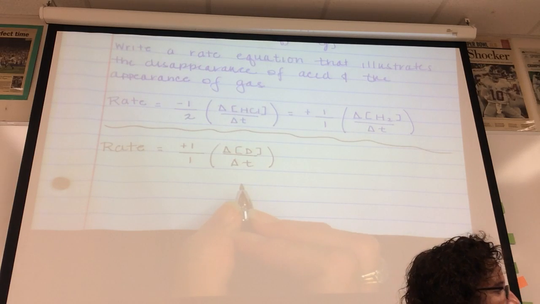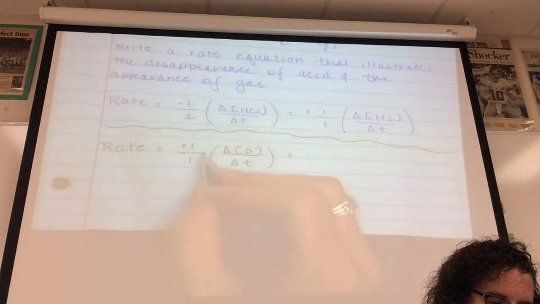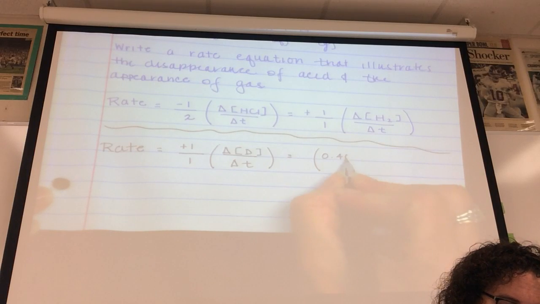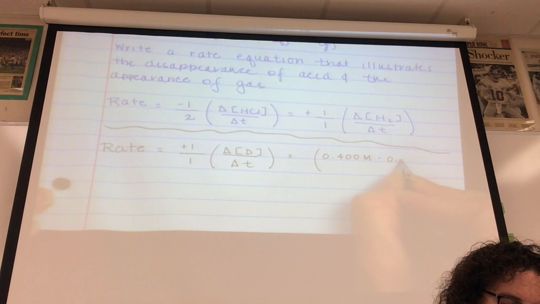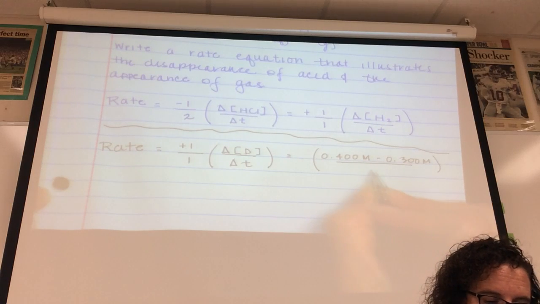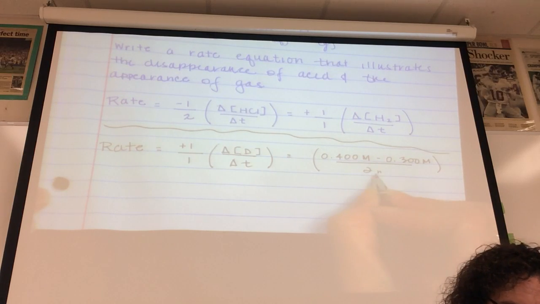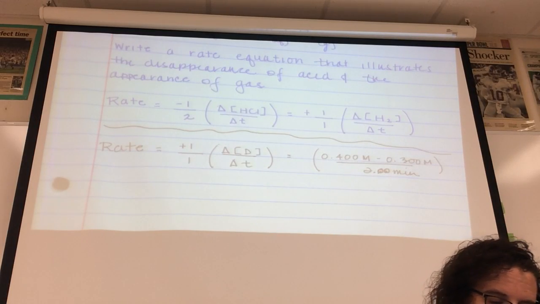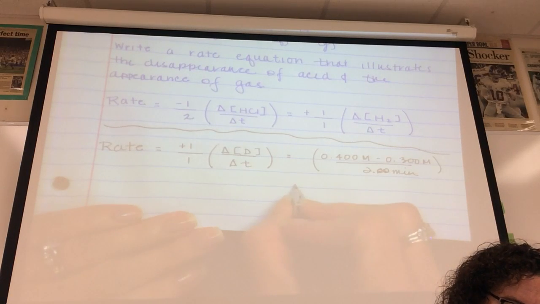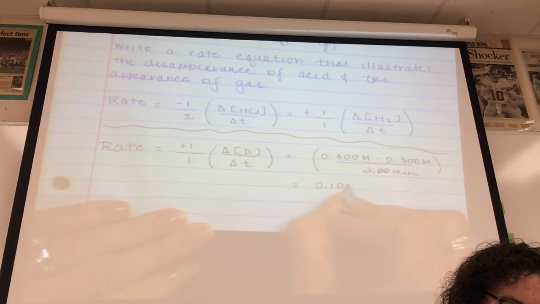So the second measurement, this is just 1, so we're not going to worry about that, was 0.4 minus the first, over the 2 minutes, oh, it was 2.00. Okay. So what you have then is that the rate of the reaction during this time period is 0.1 over 2.